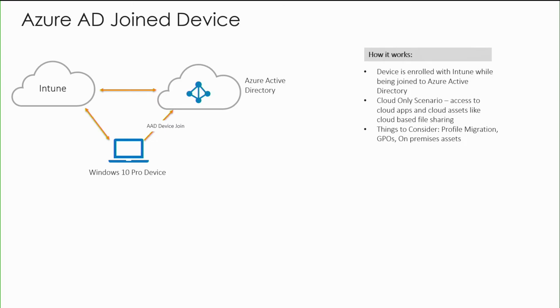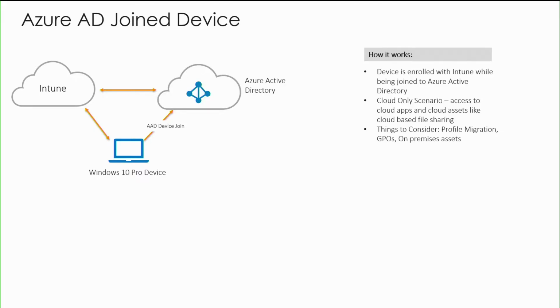This elevation, this centralized management by Intune, is essentially what we call Windows 10 Business, because now Intune has given a set of centralized management policies that is managing this device. So your end user cannot go and remove some of the security capabilities. This device is now centrally managed. That's really the Windows 10 Business entitlement that you're getting with M365 Business: the centralized management capabilities that were previously not there for your Windows 10 Pro device.